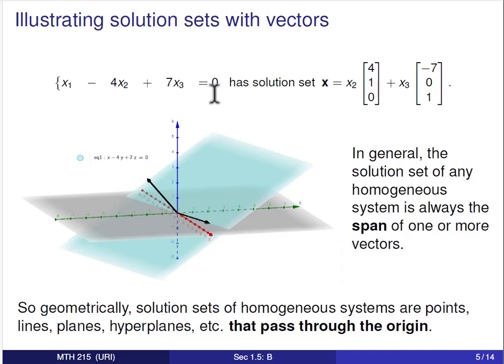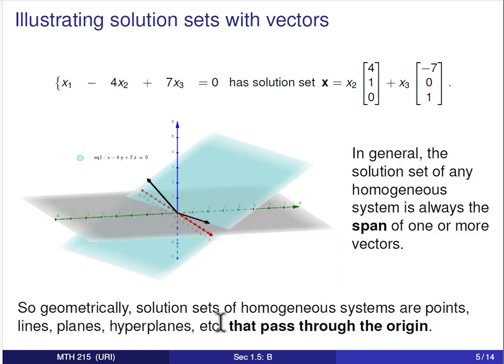And it turns out that your answer will always look like this, and so in general, the solution set of a homogeneous system is always the span of one or more vectors. So remember what we said about spans earlier in the chapter. Geometrically, they look like points or lines or planes, or if you were to go into more dimensions than 3, we might call them hyperplanes.